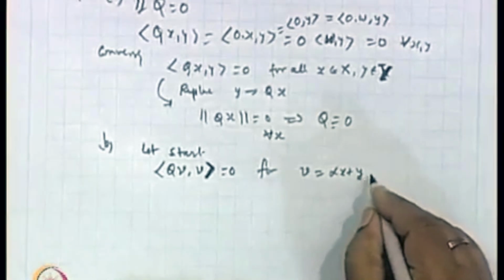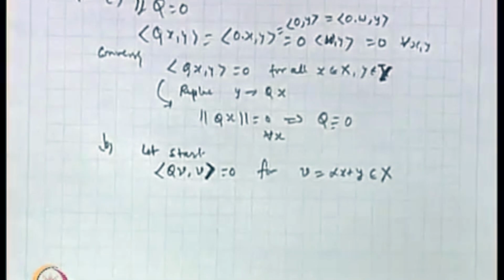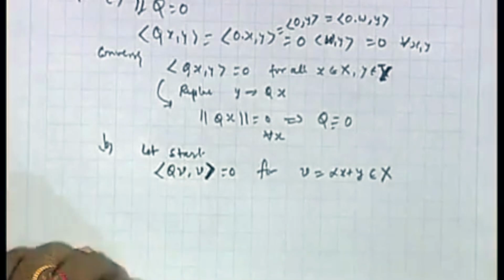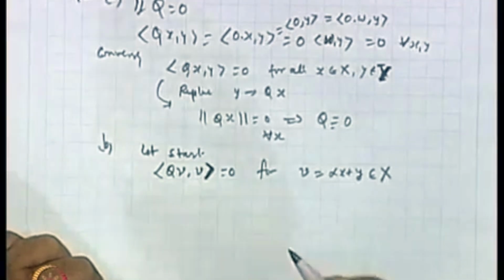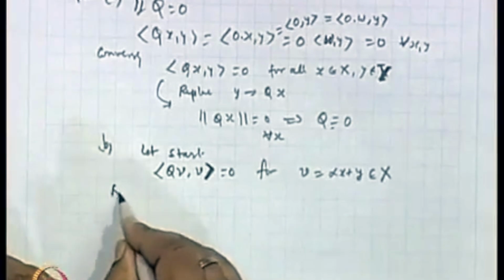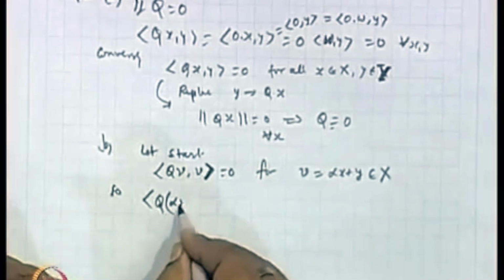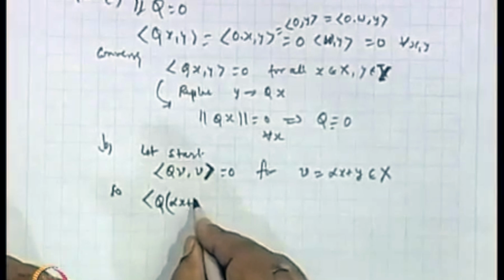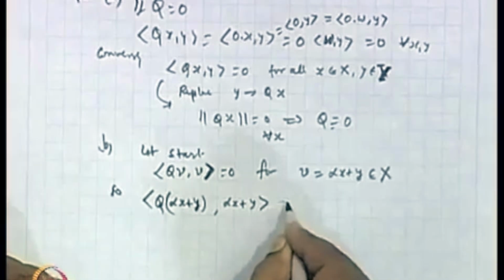This is an element belonging to capital X, because x belongs to X, y belongs to X, and X is a vector space, so the linear combination belongs to it. Now this will be ⟨Qv, v⟩. So what we get is the inner product ⟨Q(αx + y), αx + y⟩ is 0.